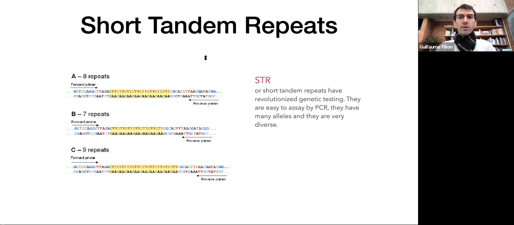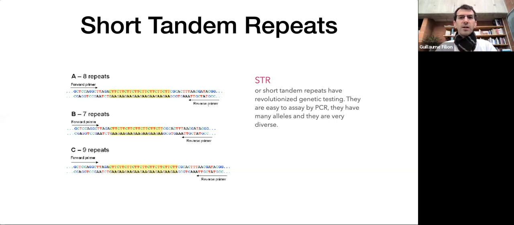So this is a really cool way to get some diversity in a genome, in the sense that the sequences on the sides, on the left and on the right, are constant, but the number of repeats in the STR is variable, and extremely variable, which means that every generation you have a chance that these repeats will expand or contract. But it's not a huge chance.